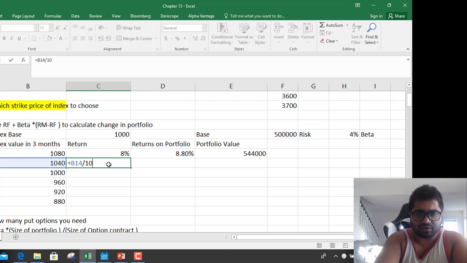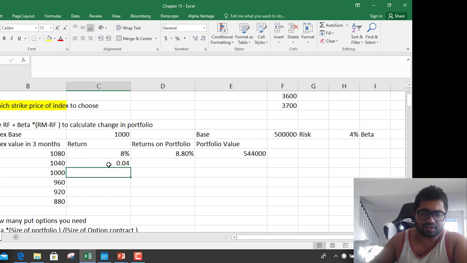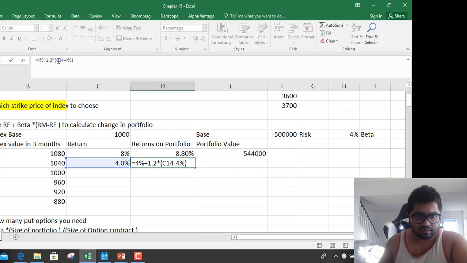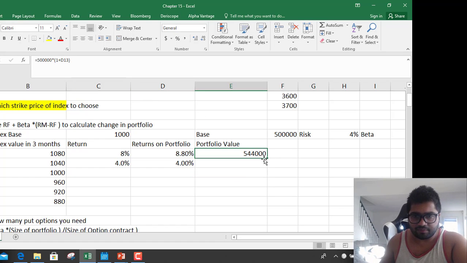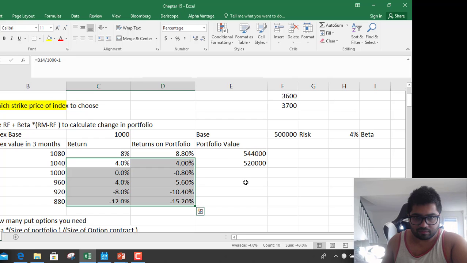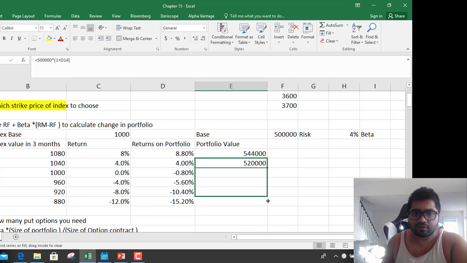This divided by 1000 base value minus 1 is the index return. Then the portfolio return is 4% plus 1.2 into that. And the portfolio value will be this. I'll just drag this down.